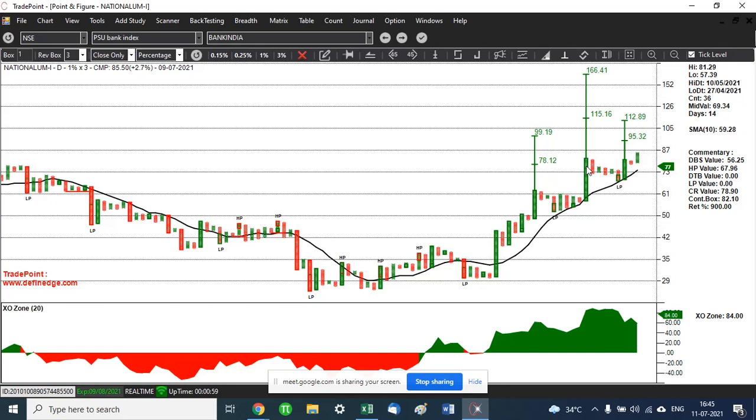What we do is let that stock consolidate for a day or two, and then we try to enter the trade with the low of that large candle as a stop loss. So it's similar to that. We allow the stock to consolidate for a while, and as soon as it gives a double top buy, we assume that since this anchor column was plotted, the stock is bullish. We get targets from the anchor column, and we enter the trade as soon as the double top buy is generated.